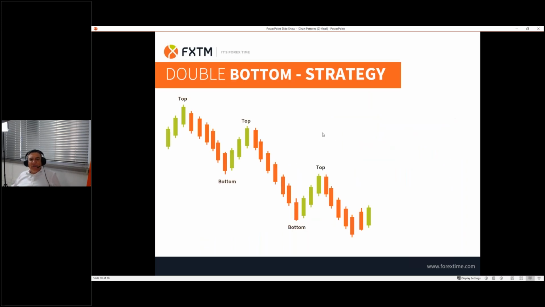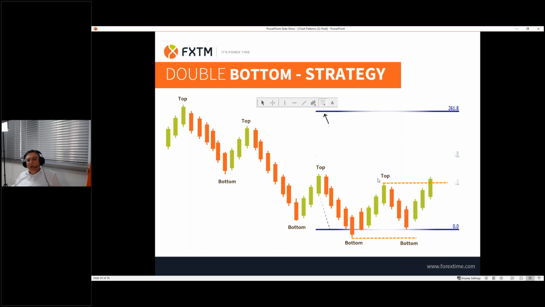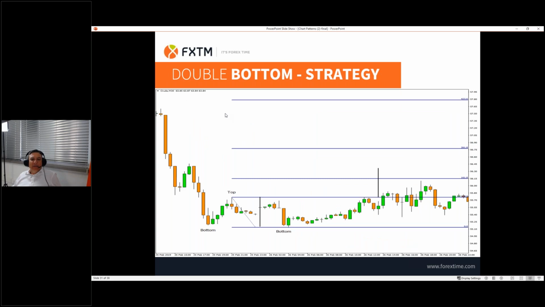Double bottom strategy is very similar. Again, we click on the Fibonacci icon, we attach our Fibonacci from top to bottom, and we get again three take profit levels, 161.8, 261.8, and 423.6, which is not shown here. And this is a real chart.